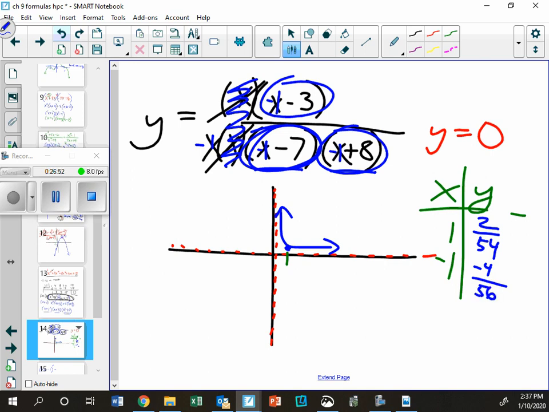Do you guys agree with +56 on the bottom? And therefore my final answer is negative. All right, so it's a small negative number. That means it's down here. That means it generally looks like that.